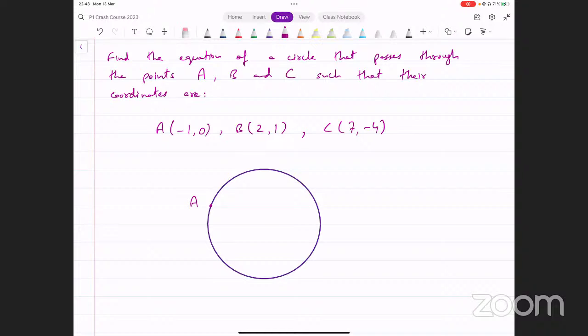So maybe A is somewhere here, let's say. This is A, then B might be here. And you have another point C. It has a negative Y coordinate. It might be somewhere on the other side, maybe around here.